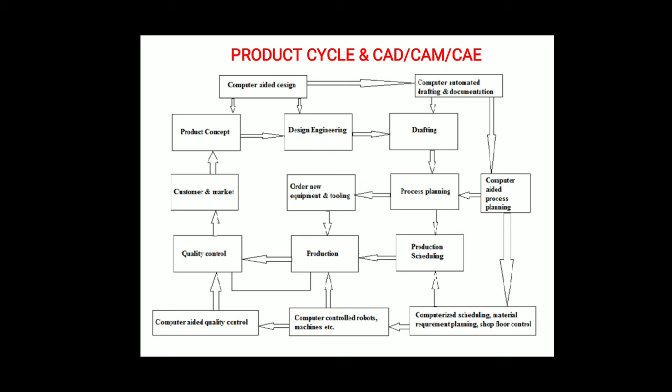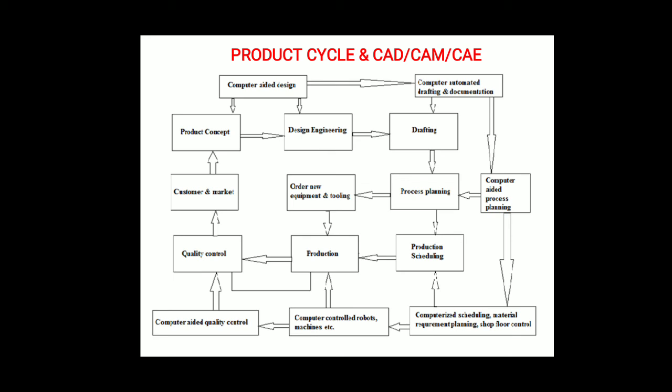Actually, the product cycle is driven by the customer and the market which demands the product. The product cycle begins with the concept of our product. After making the product concept, it is converted into a 3D model, analyzed, defined and translated into a plan for the product through design engineering and CAE processes.